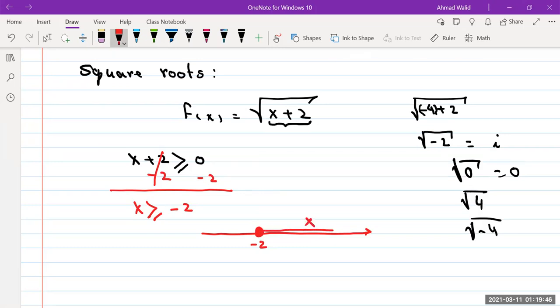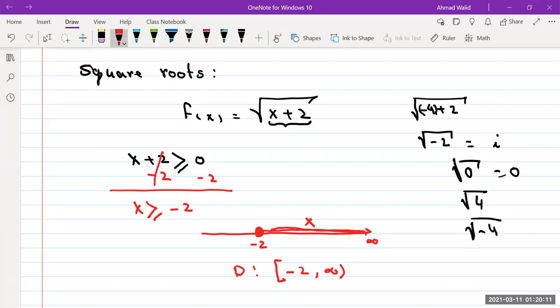X can take all these values starting from negative 2 to where? To infinity. Then my domain will be, for closed circle, you are using a bracket, right? Bracket, negative 2, comma, infinity, parentheses. That will be the domain of this function.